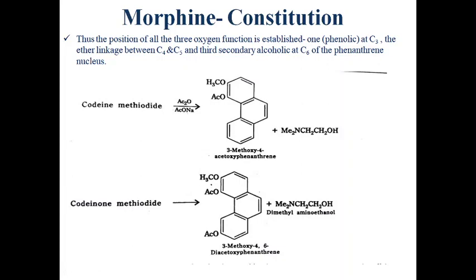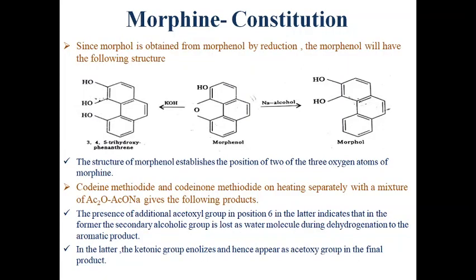The inference drawn from this reaction is, first, the presence of an additional acetoxyl group at position 6 in the latter indicates that in the former, the secondary alcoholic group is lost as a water molecule during dehydrogenation to the aromatic product.